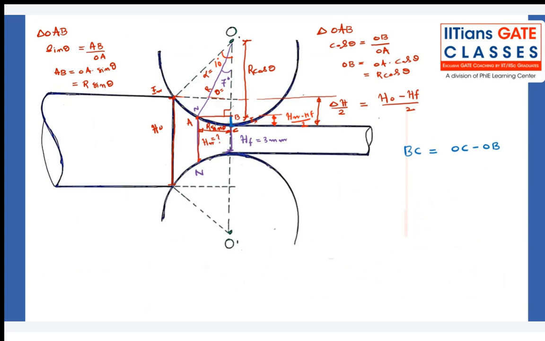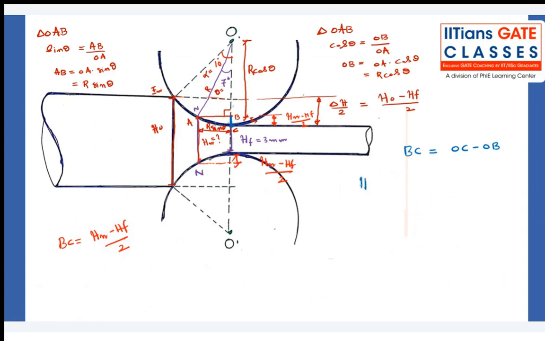By the same logic, this distance is Hn minus HF by 2, the same for both ends. So BC is equal to Hn minus HF by 2. Now you can see how simple and easy it is.